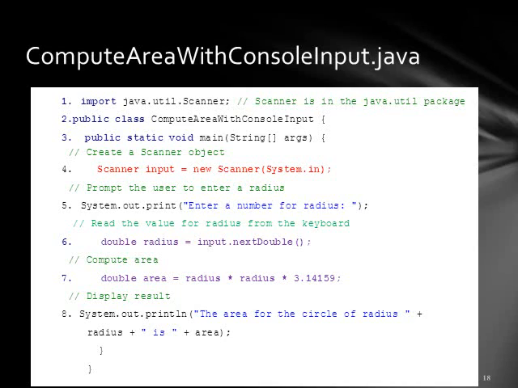Okay, here's the implementation of our program to get the radius from the keyboard and compute the area. So if you remember the steps in our algorithm, if you printed out the slides, you can kind of follow along with it. Well, line 1, import java.util.scanner is required because unlike system.out, the scanner class is not automatically part of our development environment.